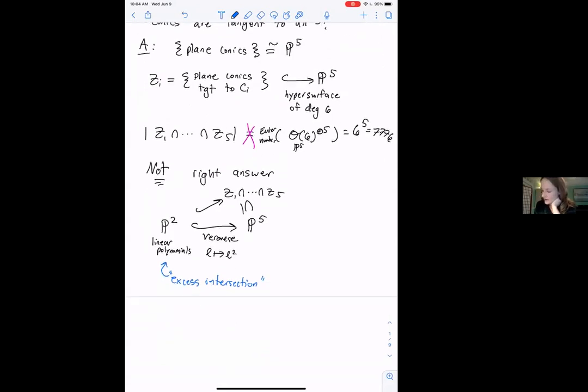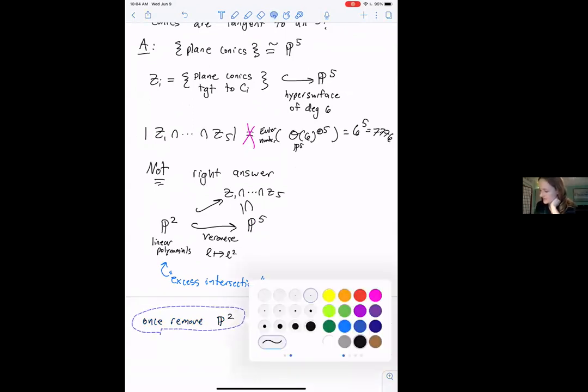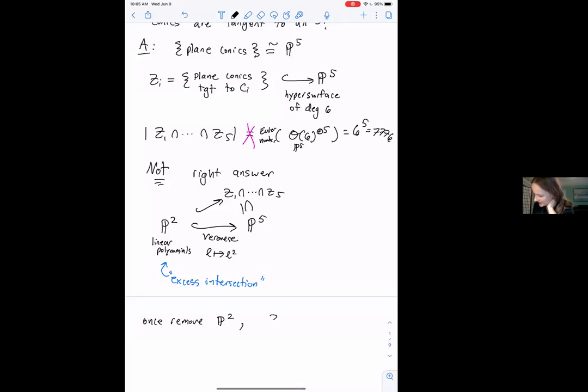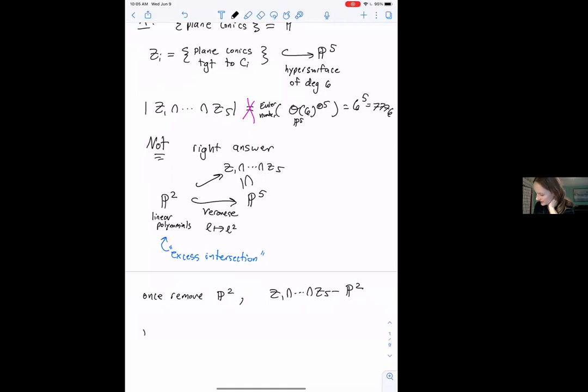And once we remove the P2, then Z1 through Z5 minus P2 is 0 dimensional, a finite number of points.